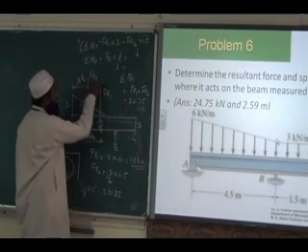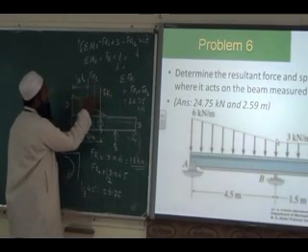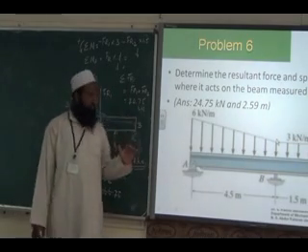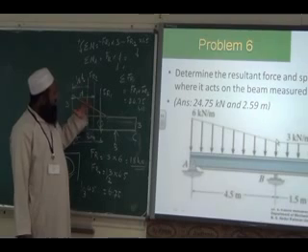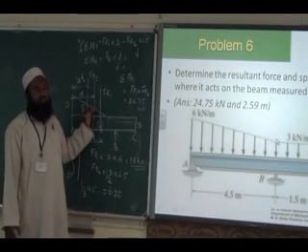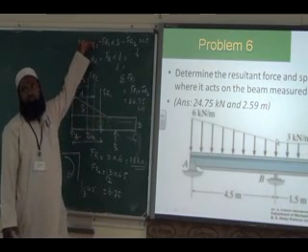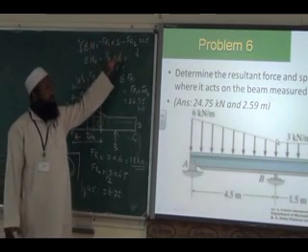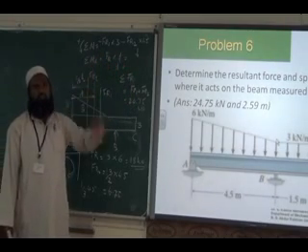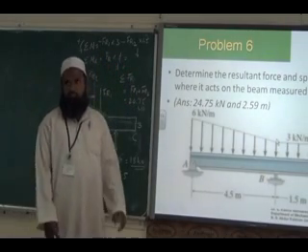So three steps: first, we find the resultant for the distributed loading and variable loading. Then the moments for the distributed and variable loading are equated to the resultant of the forces times the perpendicular distance. We can find out the distance.